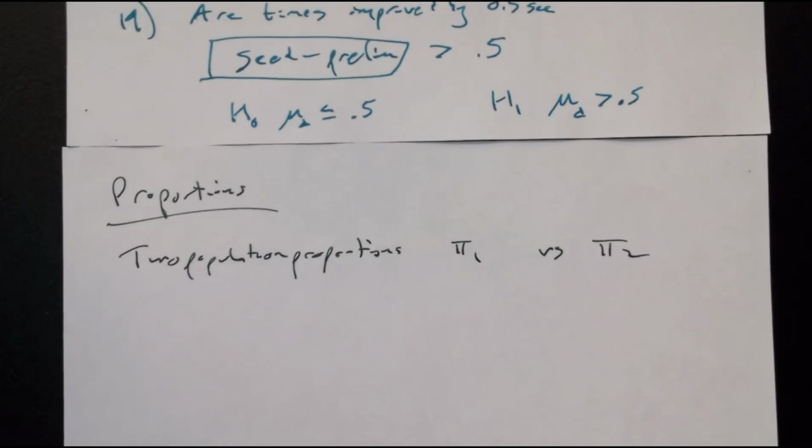I go out and I do a sample. And I gather information from group one, I gather information from group two, I get a sample proportion from group one.